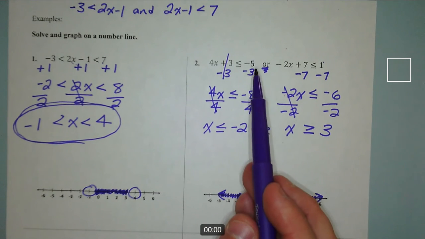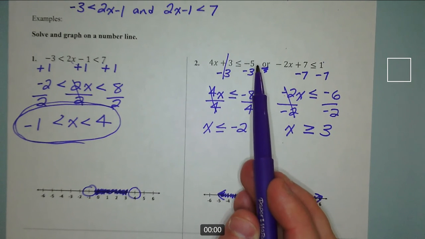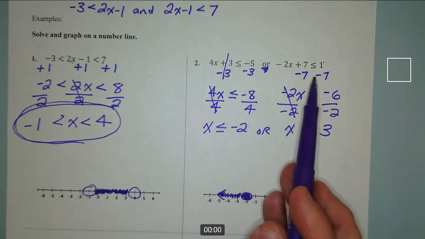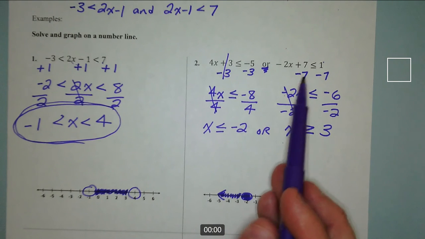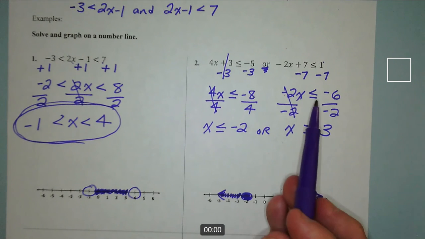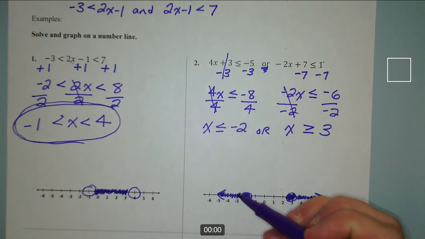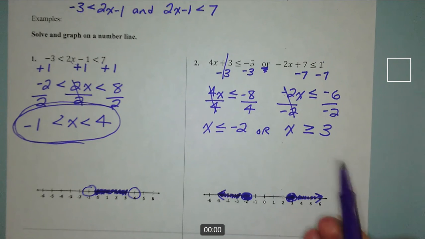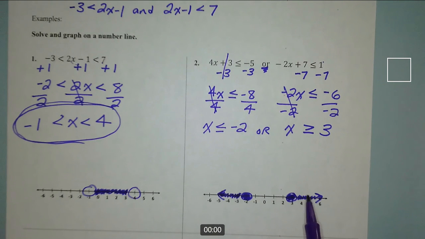Or you have an OR type situation where usually the inequalities are already two separate inequalities, and you solve each of them separately, and you graph them on the same number line, and the usual thing that happens is the graphs are running away from each other, and this is your final answer.